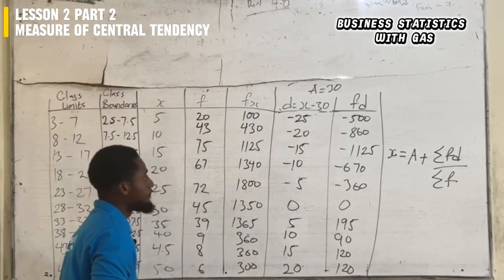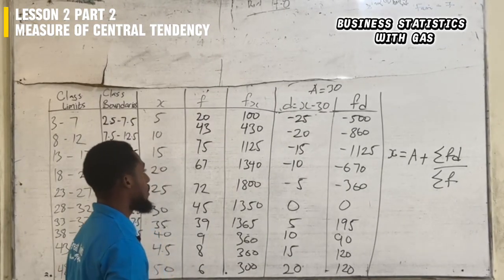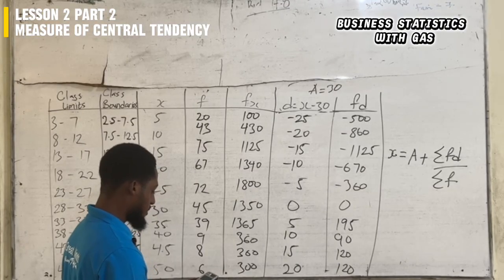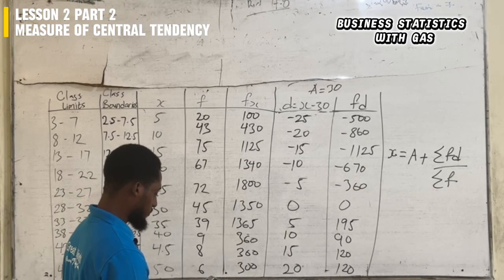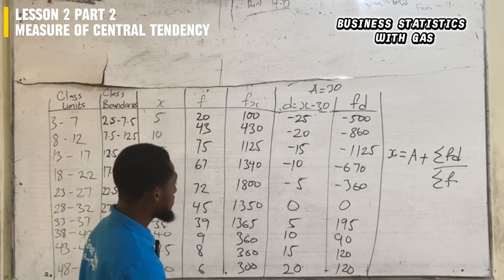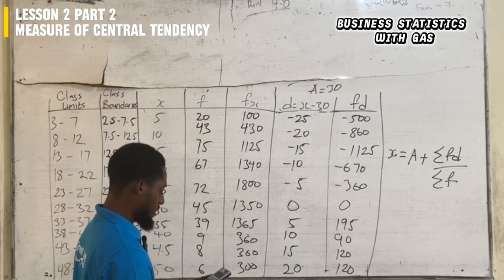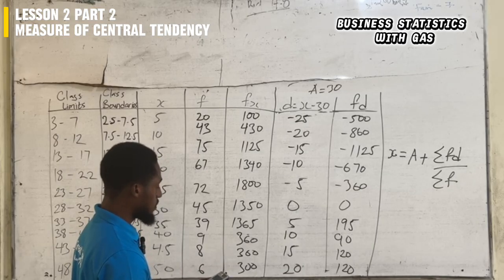We will be adding the figures we had in our FD. So negative 500 plus negative 860 plus negative 1125 plus negative 670 plus negative 360 plus 0 plus 195 plus 90 plus 120 plus 120.